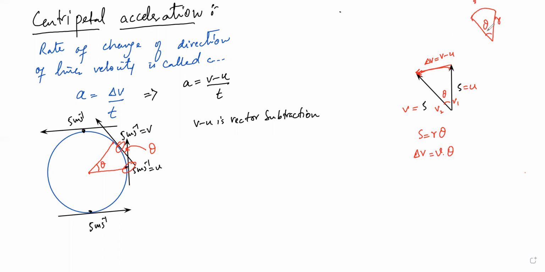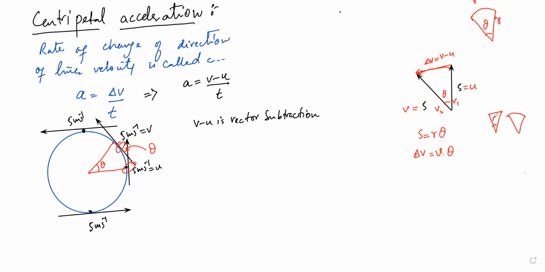If you compare the two diagrams, the length of the sides, that is the speed V, is actually the radius. The delta V is the arc length, and theta is theta. So S equals R theta will become delta V equals V theta. Whenever theta is small, keep in mind, there is no difference between a triangle and an arc.